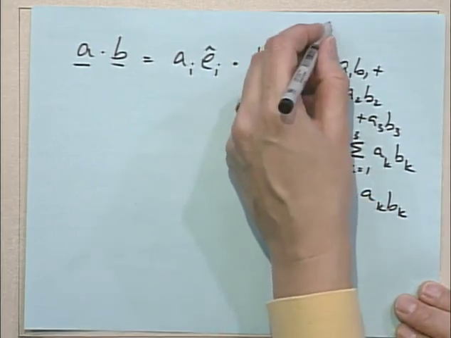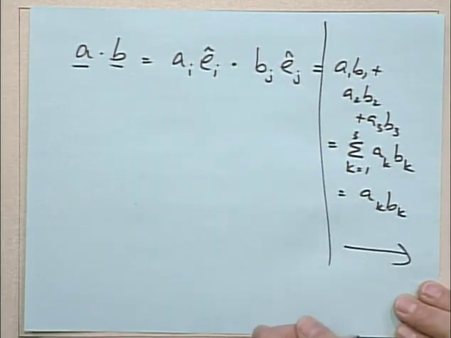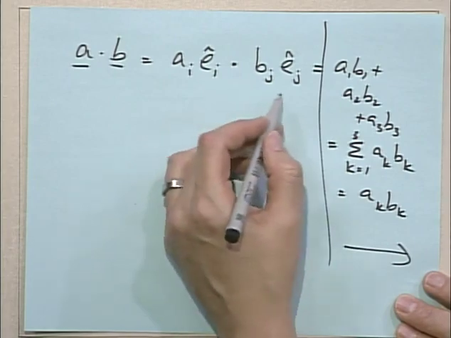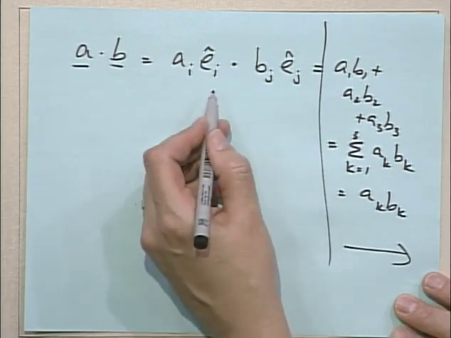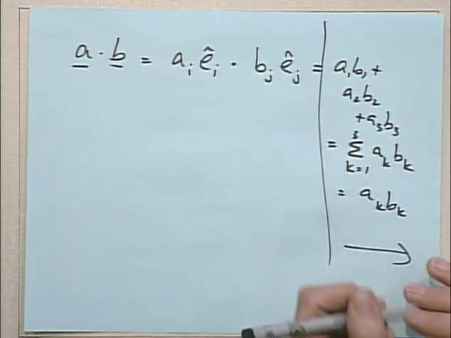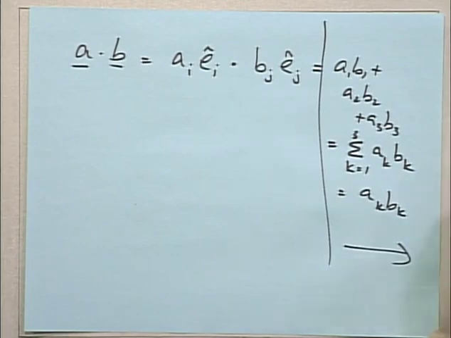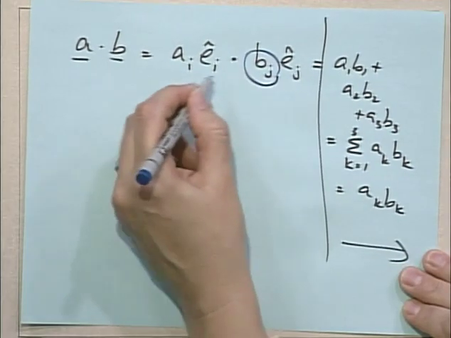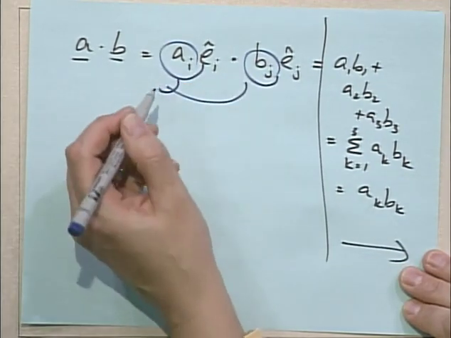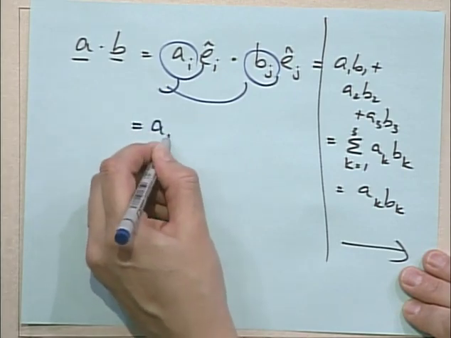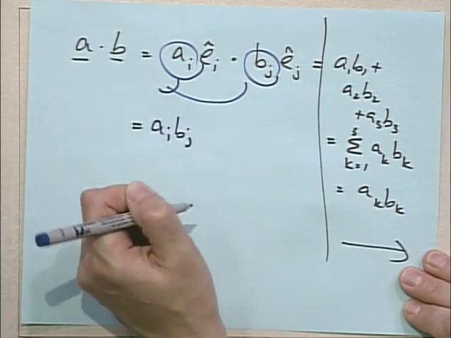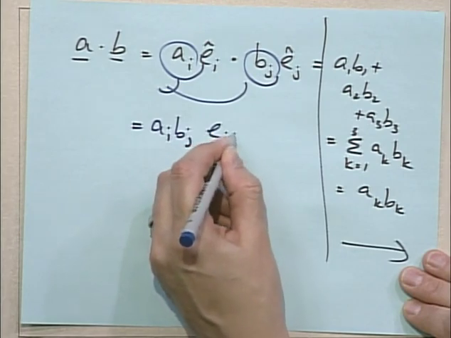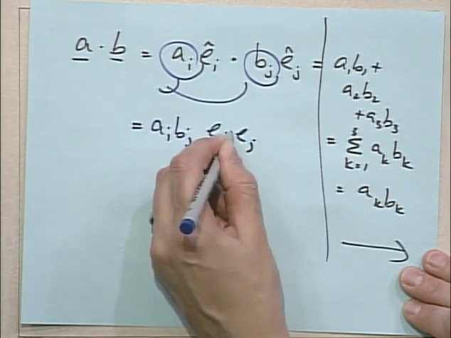But we can skip all this by just dealing with this format, by first moving the scalars out to the front to keep them out of our hair. And that leaves us a_i e_j dotted together.